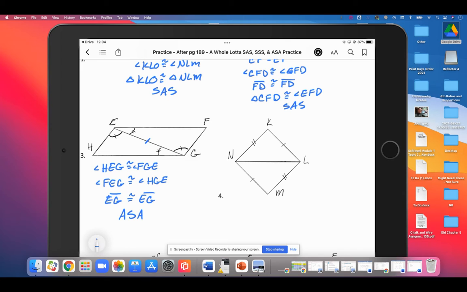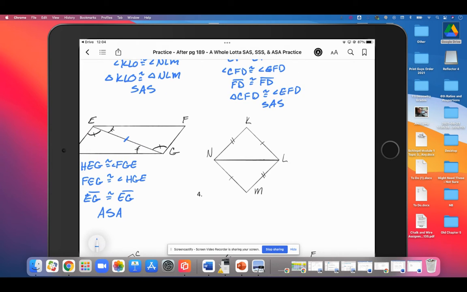And then next here, everyone, it looks like I can make the statement that LK is congruent to NM, that I've got NK congruent to LM, and I can see again, because of the reflexive property, that NL is congruent to NL.